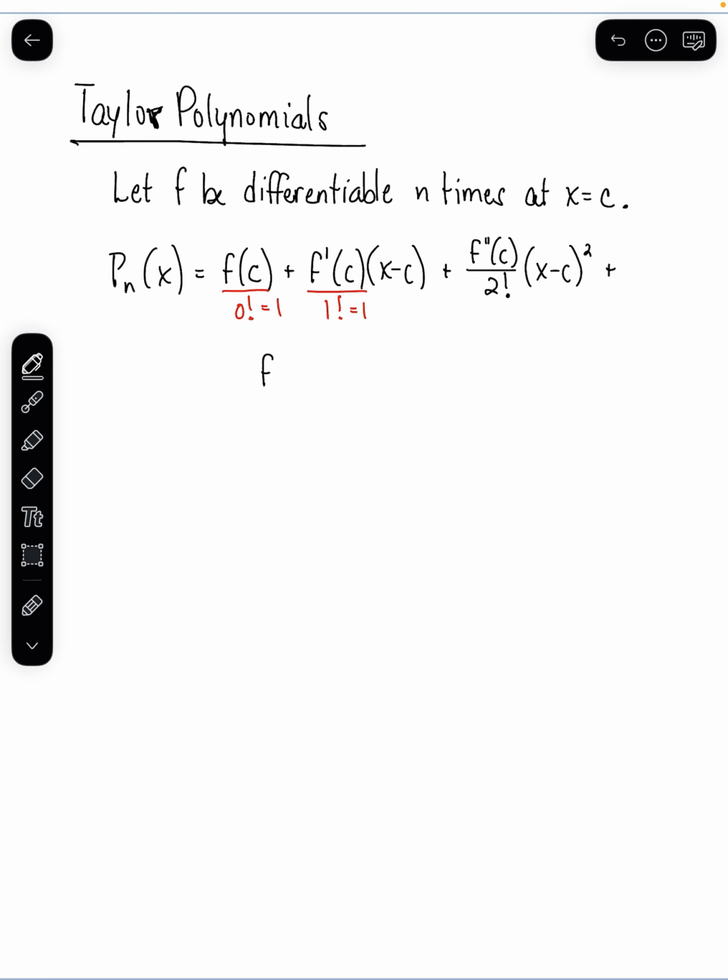Then we would have the third derivative at c over 3 factorial times x minus c cubed. And this pattern would continue to the nth order derivative at c over n factorial times x minus c to the n.